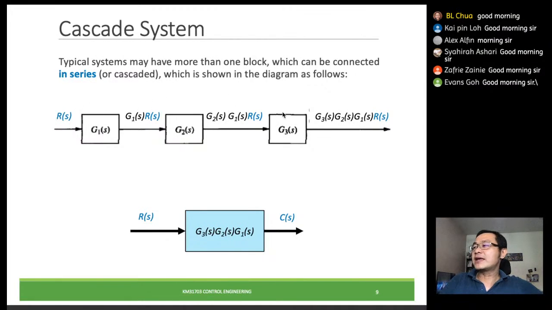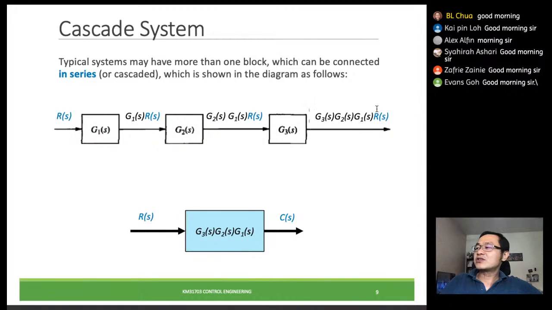So this is how we can represent it, visualize it in the signal form. Since we know this is the output of the signal, remember that the transfer function means the output divided by the input. So if we take the output divided by this input, we can remove this RS, the input signal.